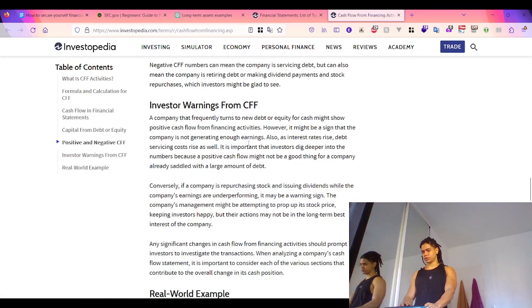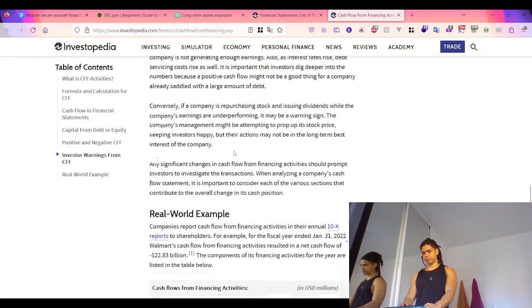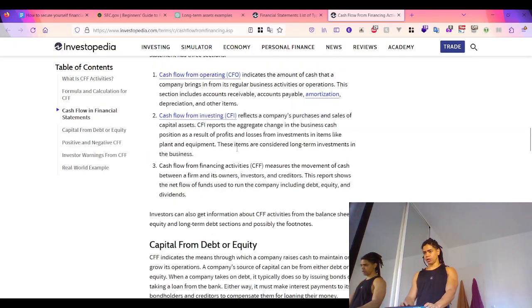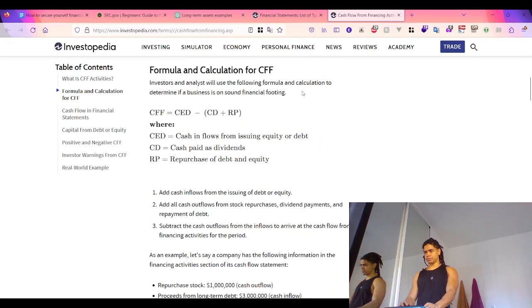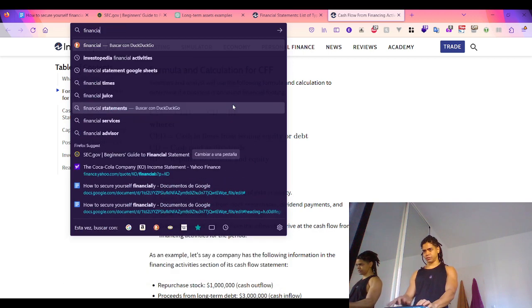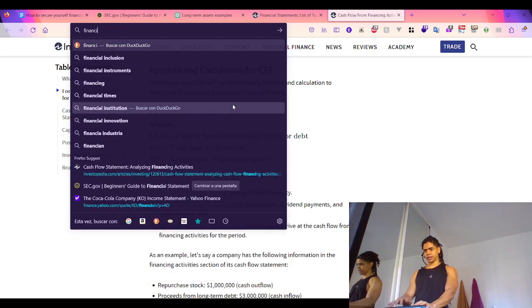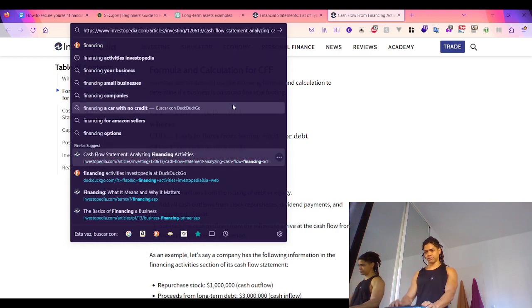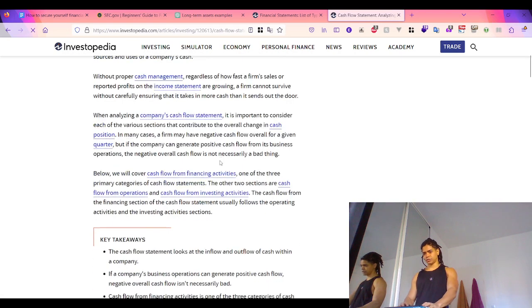Investor warnings from CFF, real world example. But I just want to look at the financing cash flow statement, analyzing financial activities like this.